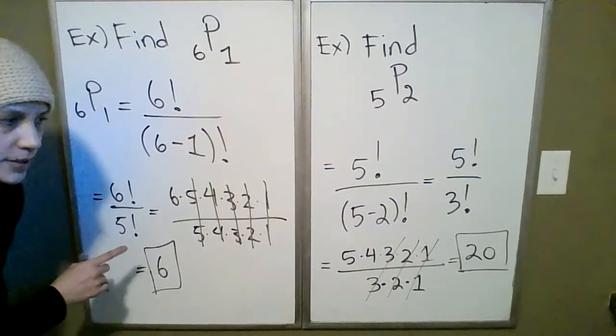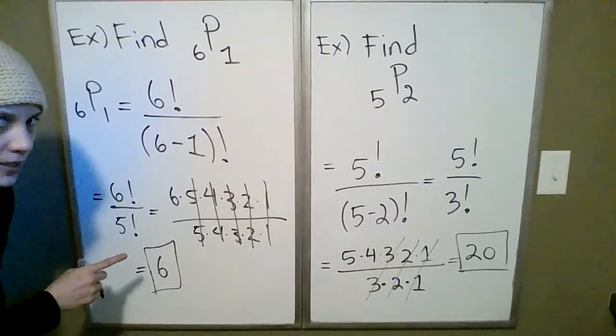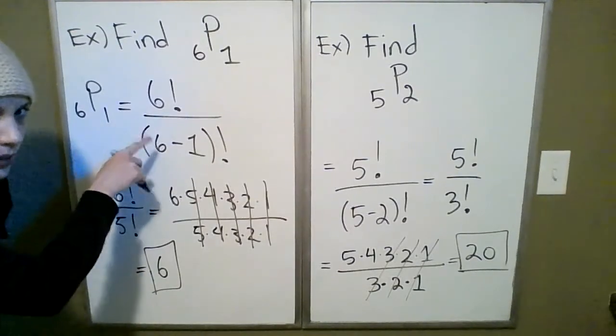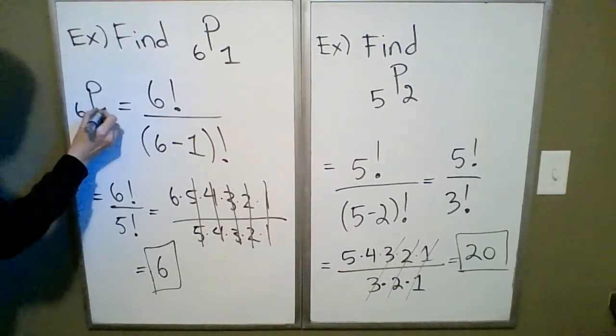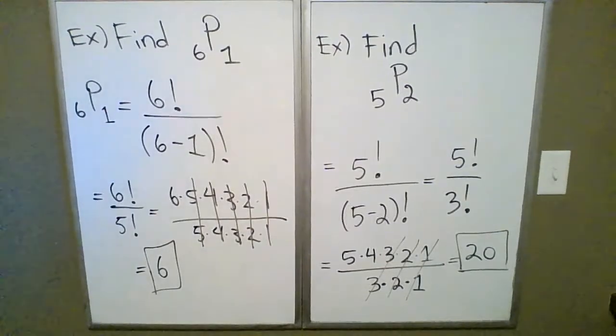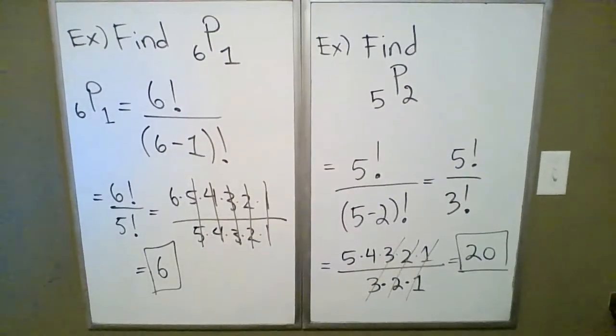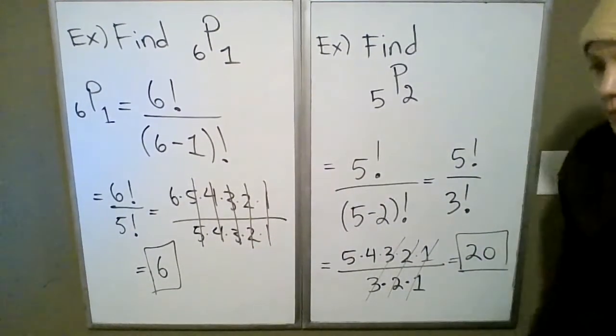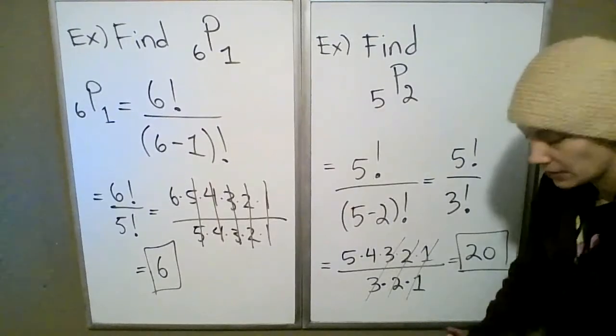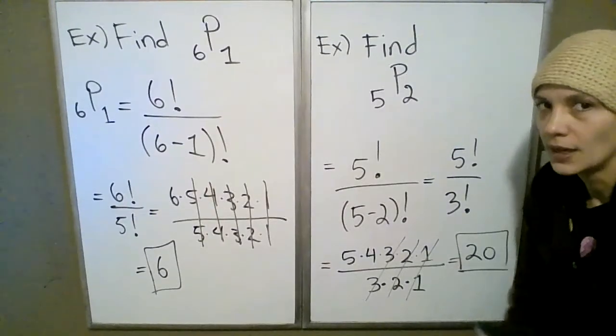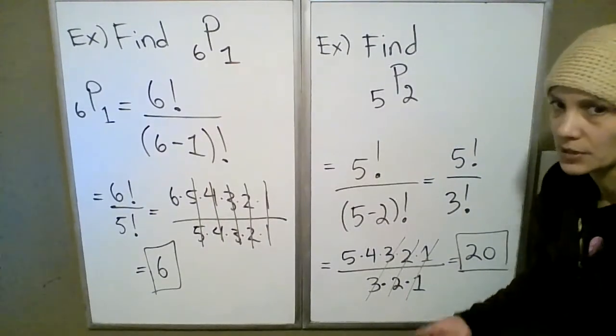There are also permutation and combination calculators on Google, but it's still useful to know how to use the formula. All right, so we're going to go over the definition for combination and then keep on doing examples for the rest of class.